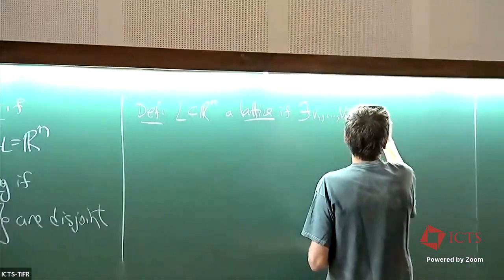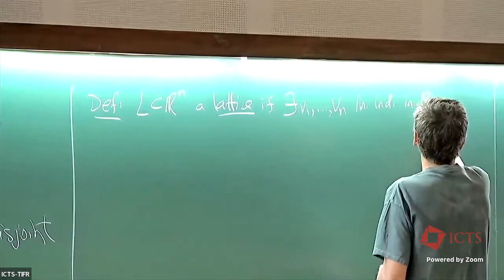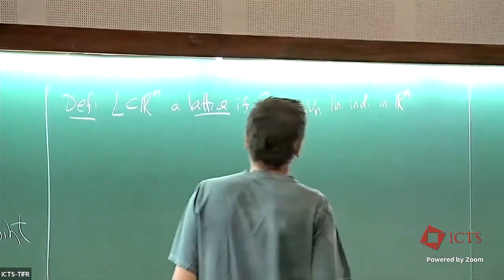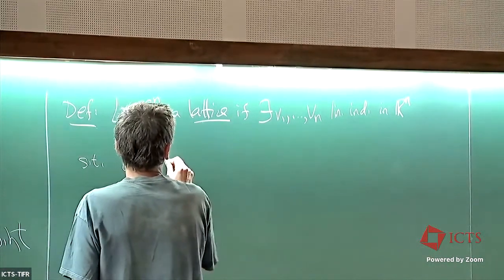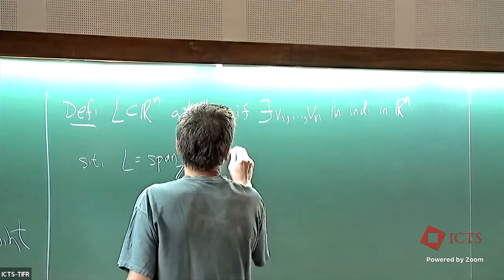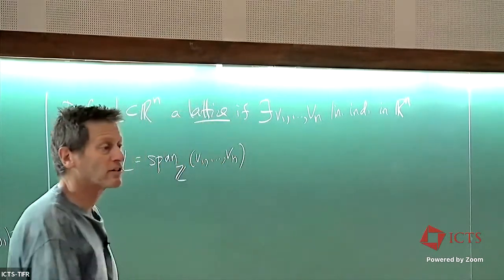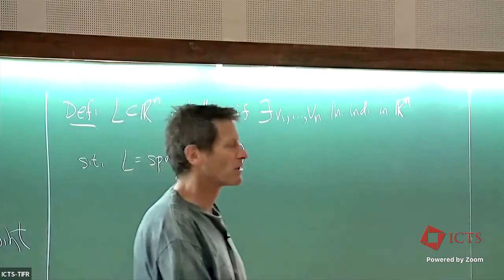So we take n linearly independent vectors in Rn, and we look at the span of these n vectors, where we're only taking the span with integer coefficients.